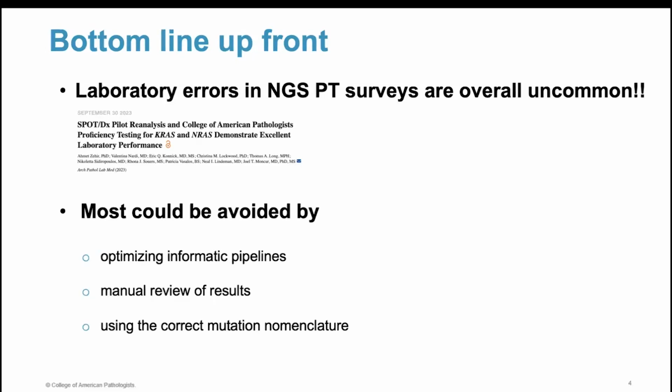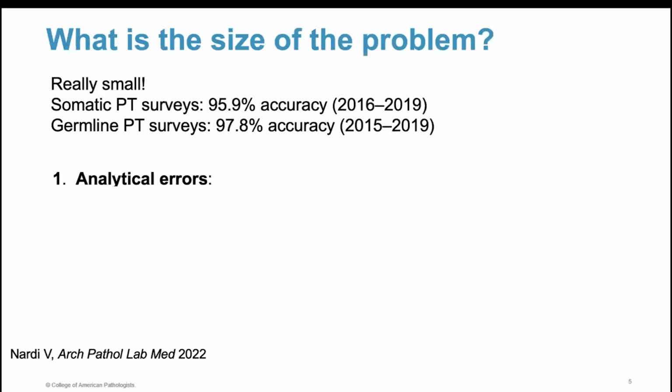So what are the most common errors? How could they be avoided? They could be avoided by optimizing informatic pipelines, by manual review of results, and by using the correct mutation nomenclature.